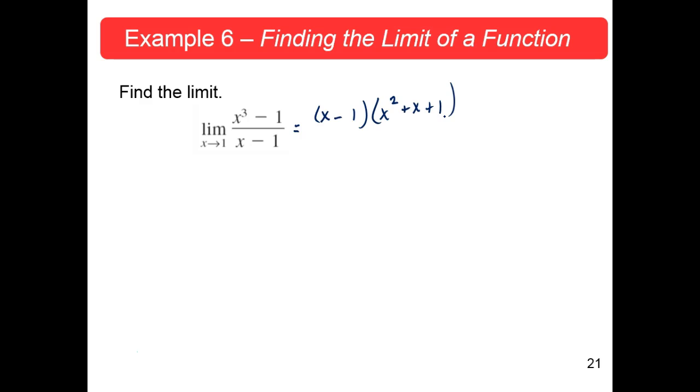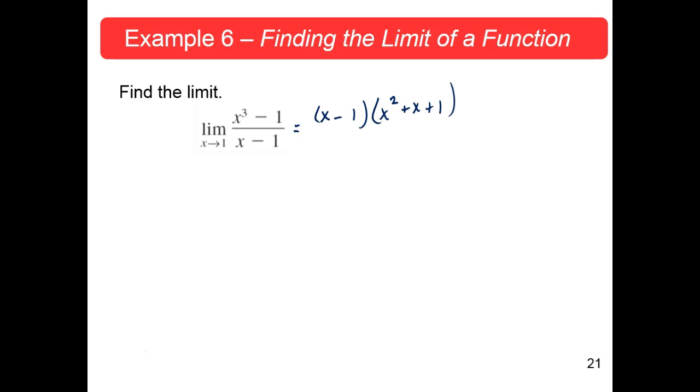Okay, here's how I do sum or difference of two perfect cubes. Do the sum or difference of their cube roots. In other words, x minus 1, same sign. Cube root of x cubed is x, cube root of 1 is 1, same sign. That's the first term always, whether it's plus or minus.